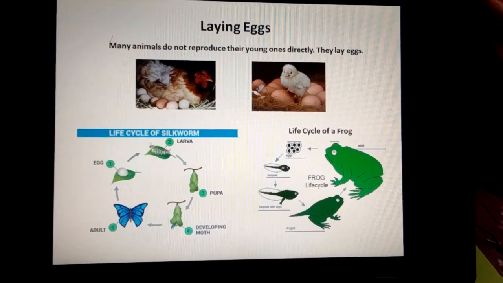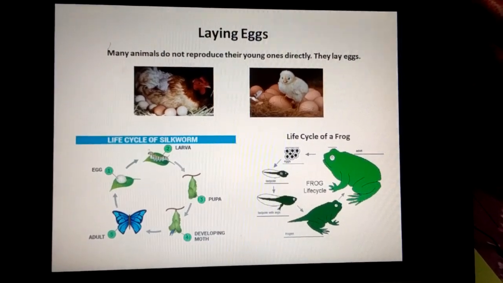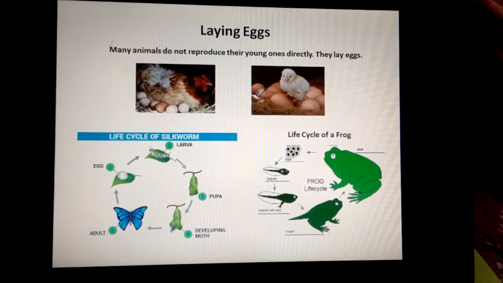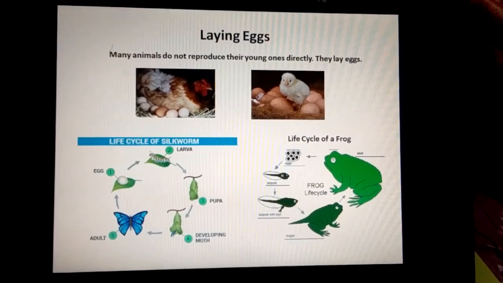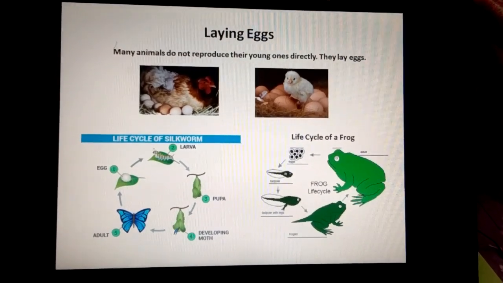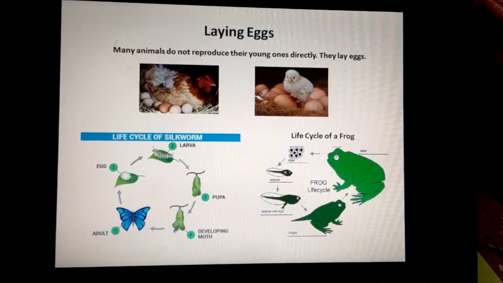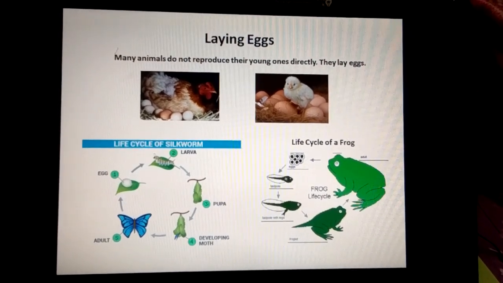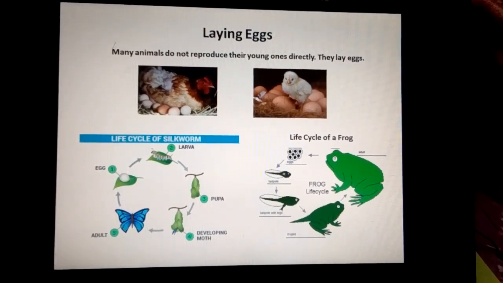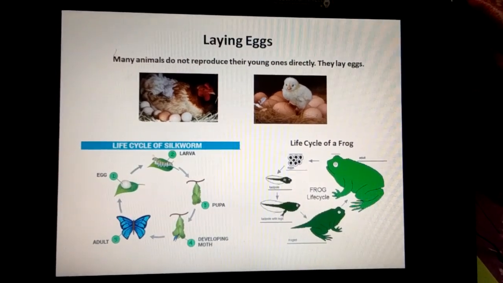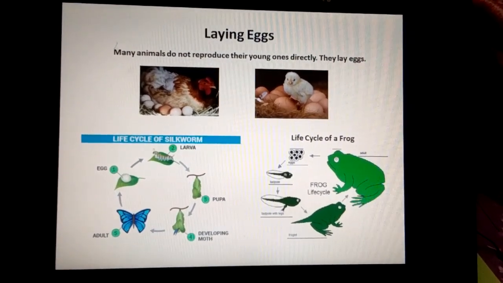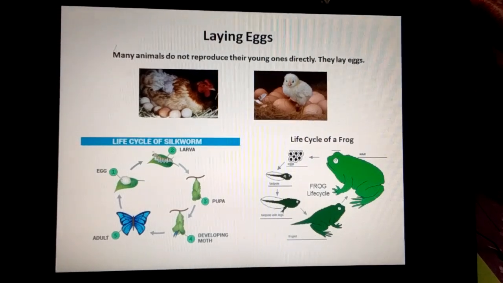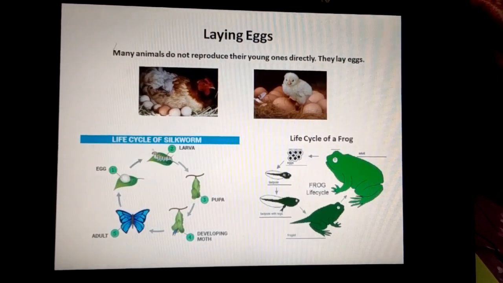In this stage, people kill the pupa by plunging the cocoon into boiling water and unwind the silk thread. Stage 5. Moth. In this stage, the pupa changes into an adult moth. The female moth lays eggs after mating, and thus the life cycle of the silkworm begins again.